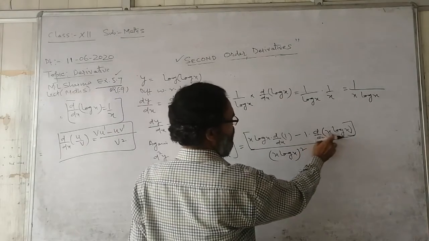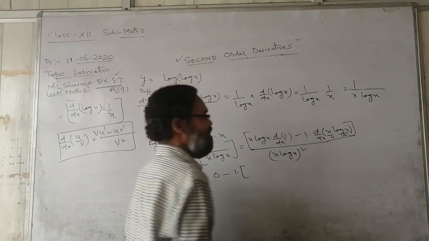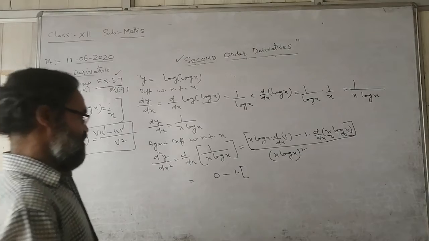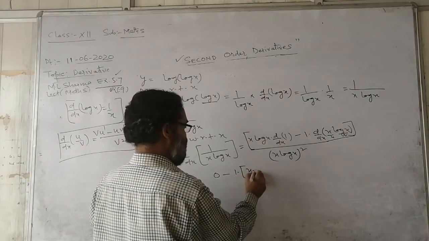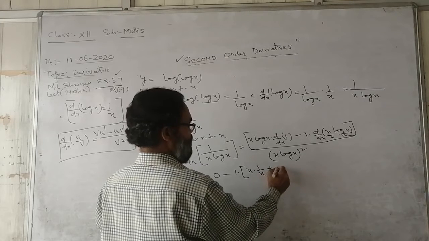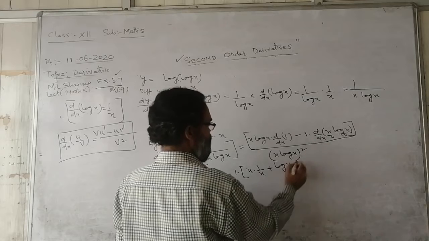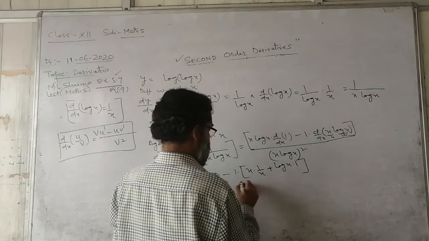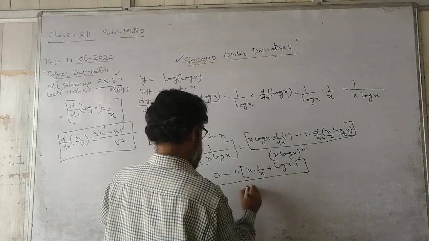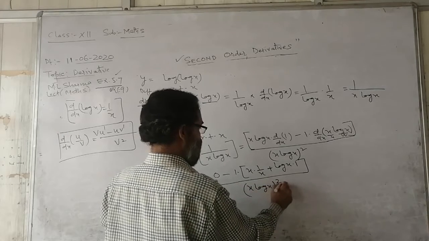One is u, other is v. So the product rule of differentiation will be applied here. First function into the derivative of second, that is 1 upon x, plus second function into the derivative of first, that is 1.